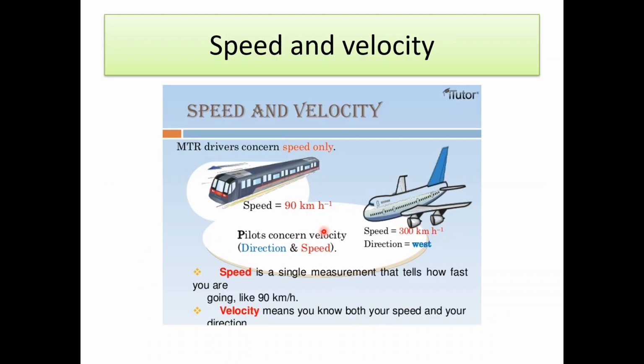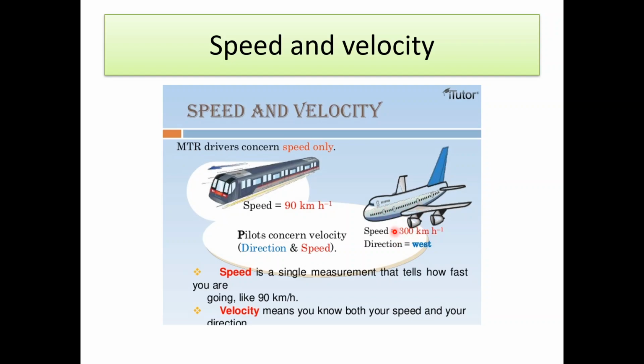Speed and velocity can be understood by this example also. This motor driver is concerned with speed only. It is moving on a straight line, wherever the track is, it will move with a speed of 90 km/h. But pilots of the aircraft are concerned about velocity: direction as well as speed, the direction of the wind, the speed of the wind.